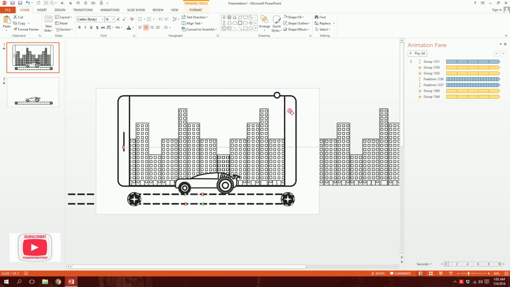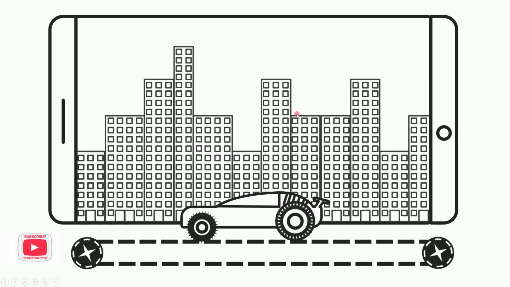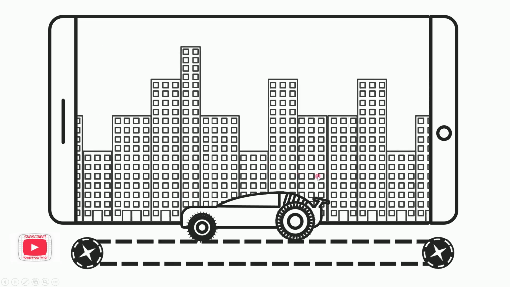So it looks like a mobile phone that is held horizontally. Then if I open the slideshow, you'll see that it seems like a mobile phone and a game is being played. Now it has created an entire animation.